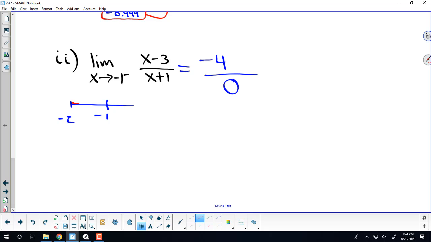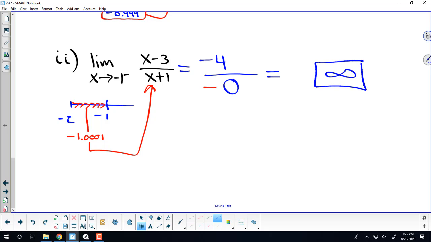We're approaching -1 from the left. And just write a number down or a couple of those. It's -1.0001, for example. So when any of these numbers are added to +1, those are going to be very small but negative. So the infinity, again, comes from the fact that the denominator is getting smaller and smaller, and the sign is now a negative over a negative, which is positive.